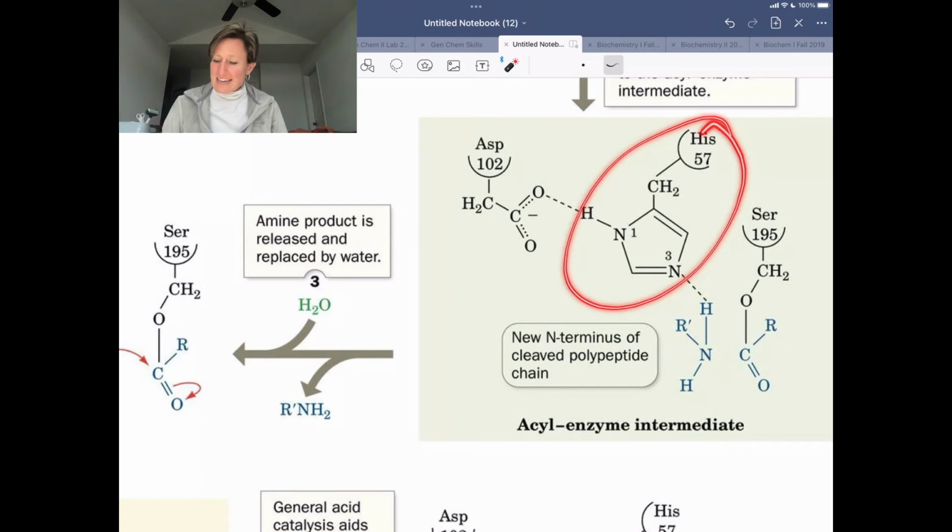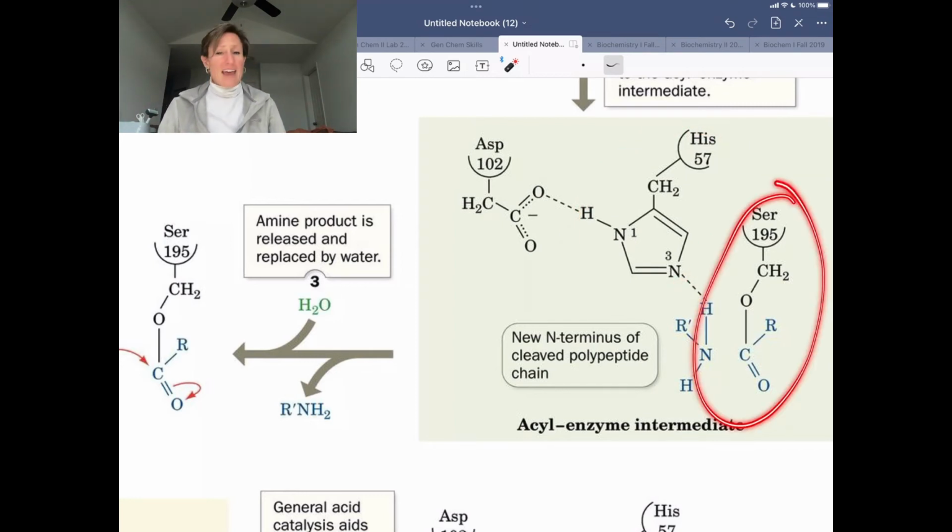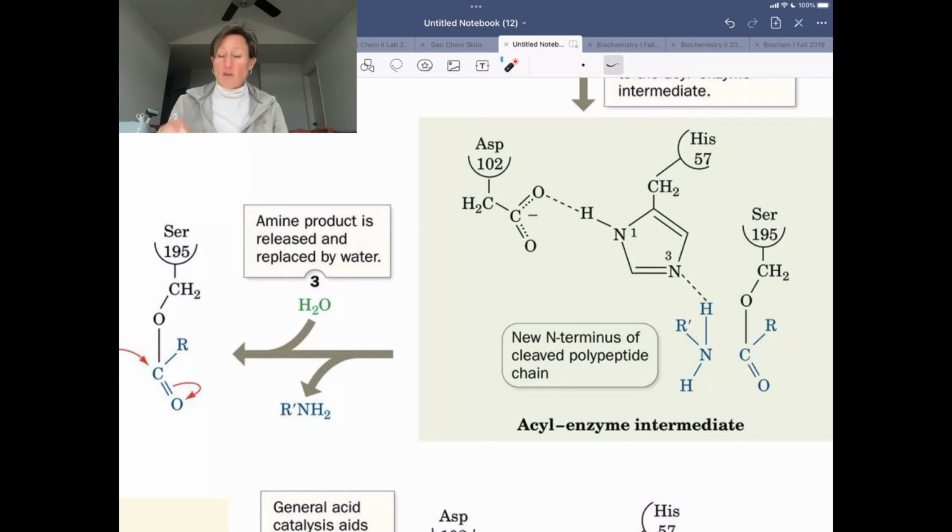Even though that histidine and part of the catalytic triad is back where it's supposed to be, we still have half of our substrate covalently attached to our enzyme. That's a problem. So what we're really going to see here in Act 2 is a redo of Act 1, but now with a different nucleophile as our player.